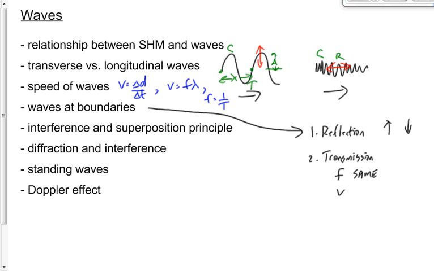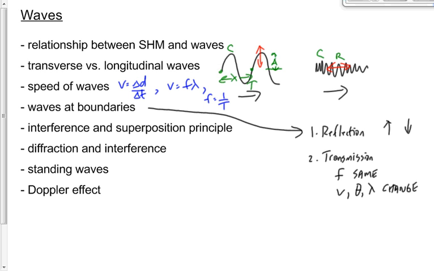What will change in response to the speed changing? The direction, so theta will also change. The wavelength will also change. Again, think of that soldier analogy. The direction changes. The wavelength changes.